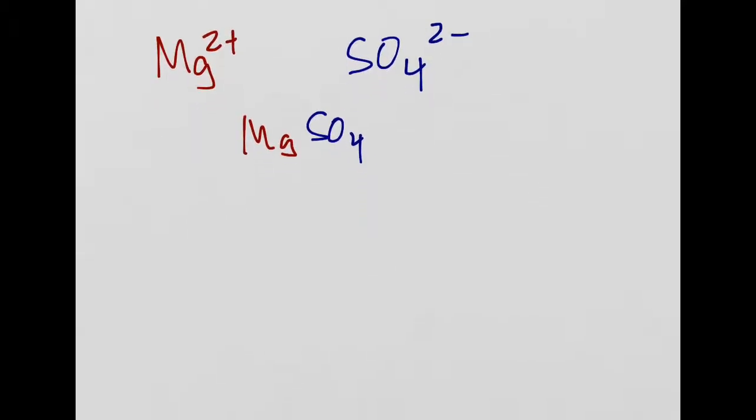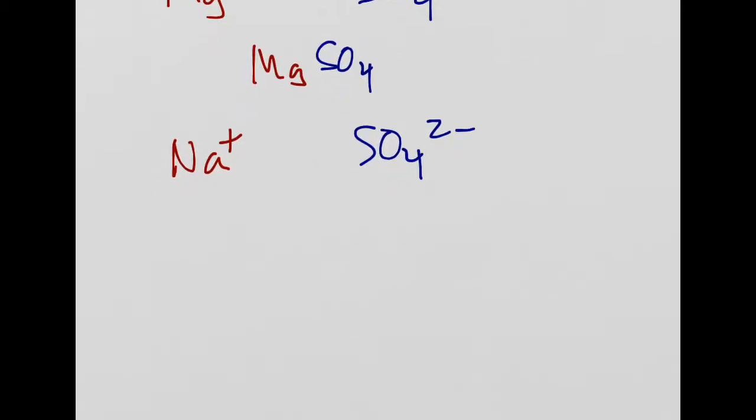But what if we have a combination that doesn't quite match up? Let's say we're going to put together sodium sulfate instead. Okay, so we have sodium, and sodium has a +1 charge, and our sulfate still is going to obviously have a 2- charge. Now we just saw in the previous discussion that you need to do the crisscross method, and that's exactly what you would do.